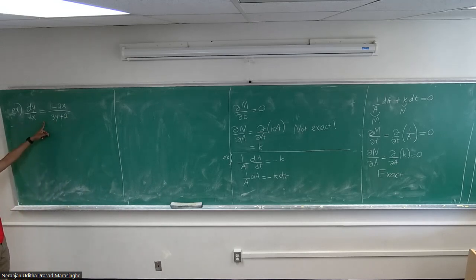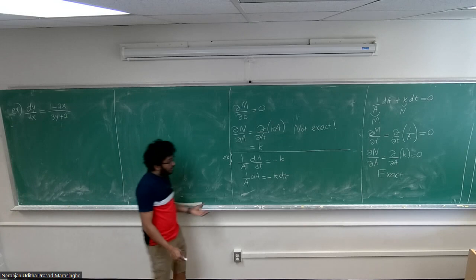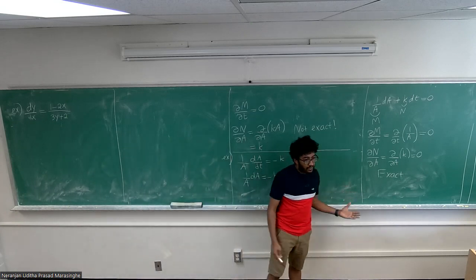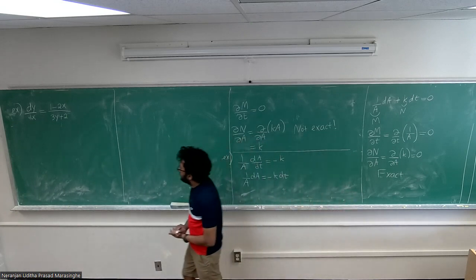In this case, that condition would be enough. Y cannot be equal to negative 2/3. Okay. Let's try to solve this, right? Because in these two examples, we checked only exactness. Let's try to solve this.